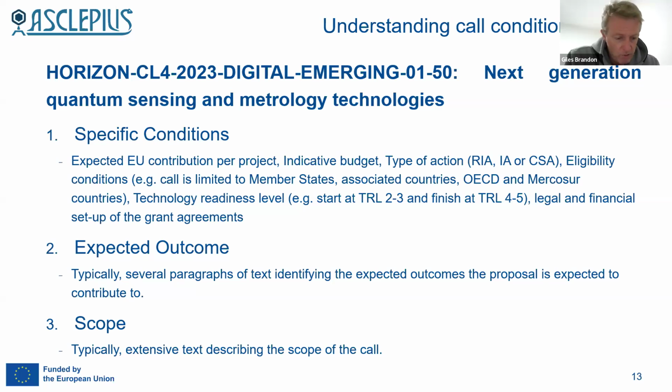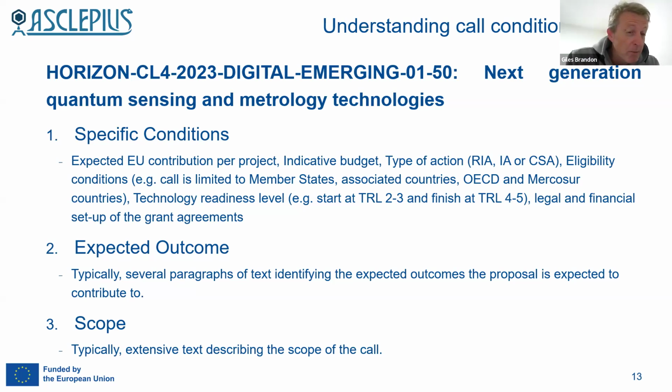Okay, regardless what topic is, bacteriophages, quantum sensing, there's a specific kind of format to these calls. So if you would open the work program cluster 4, you found this, you'd look for the title specific conditions. There it would say what the expected EU contribution for the project is.